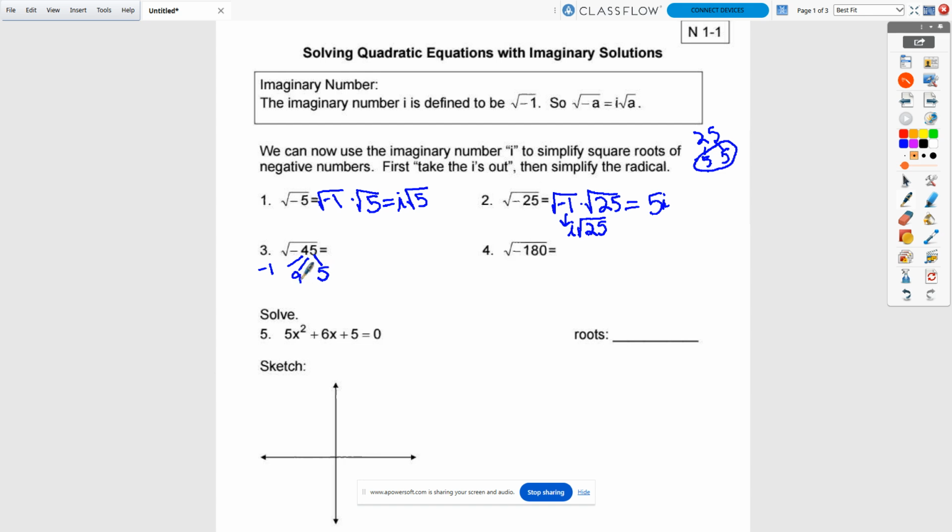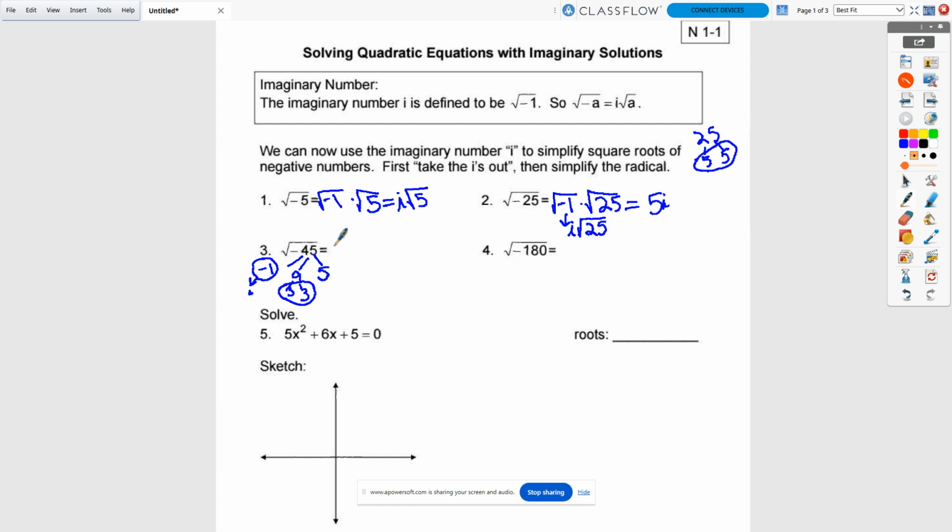So if I were to do -1 times 9 times 5, I would get back to that -45. Then 9, of course, I could take the square root of, splits up into 3 and 3. So that gives me a 3 that's going to come onto the outside. And remember that square root of -1, we're going to change to an i. That'll go to the outside.